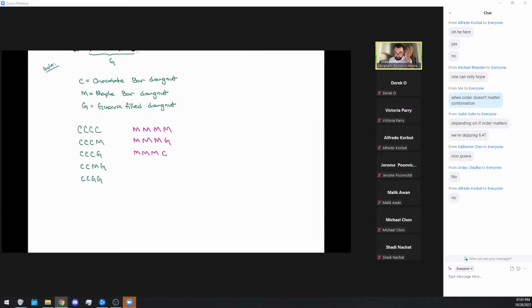Doesn't seem like I have that combination yet. Or 2 maple bars, 1 guava, and 1 chocolate. Or 2 maple bars and 2 guavas. So far, so good. Any questions? Okay. Do I have another combination?